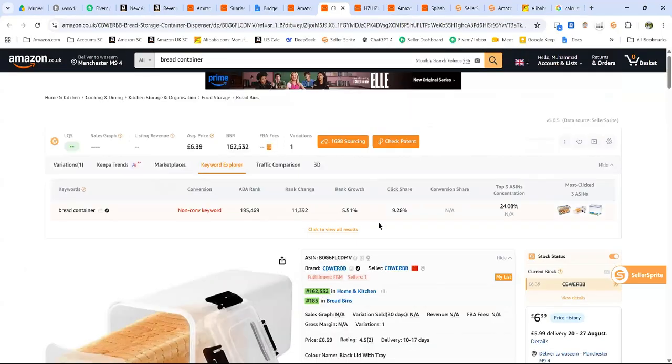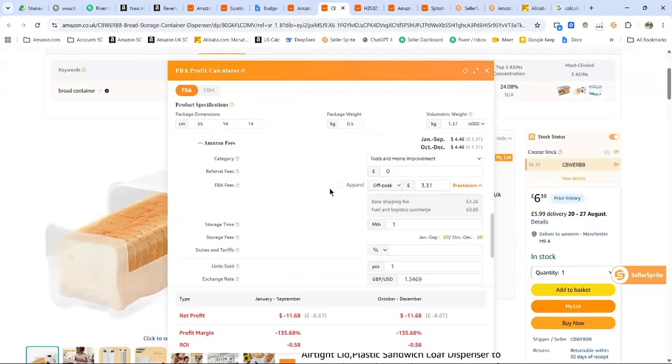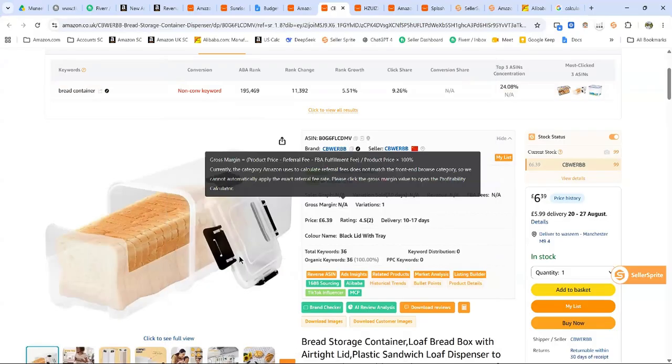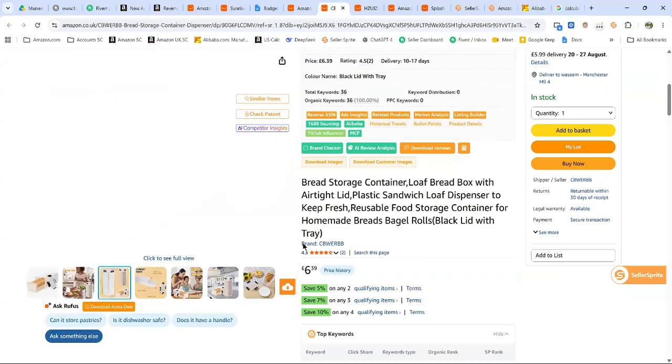Hopefully we can get the FBA fee correctly here. Yes, the FBA fee is 3.3. So it's already more than 50%. Maybe this guy is running some discount, but at this price, this is not at all viable.